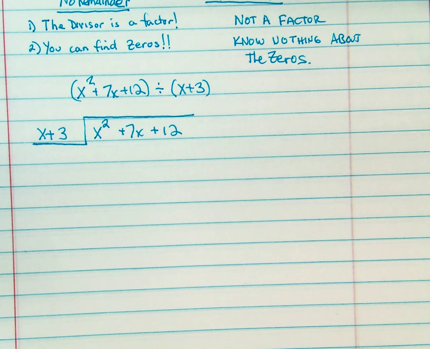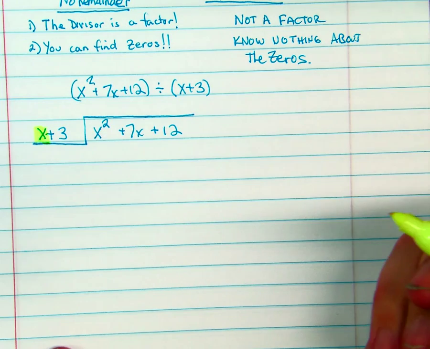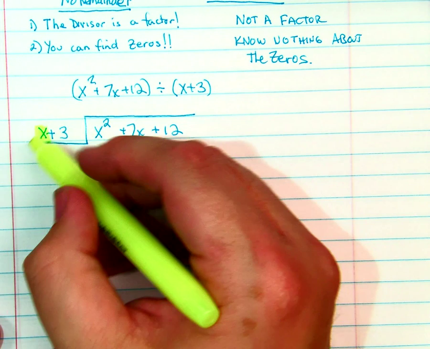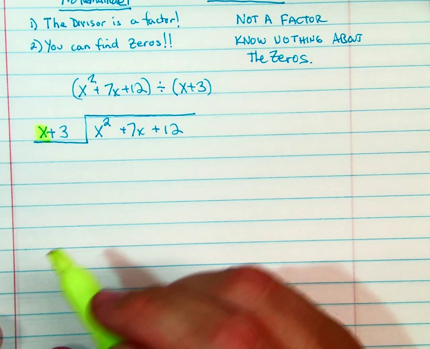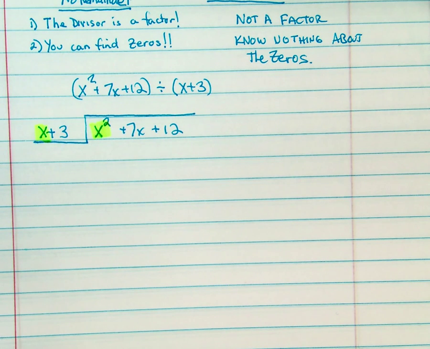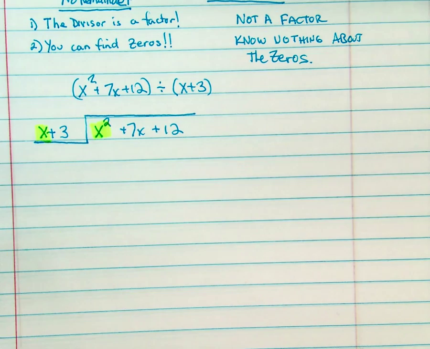We are always going to focus on the x of what we're dividing by, the binomial that we're dividing by. Whatever that first term is, that's what we're dividing by. And then we're going to focus on whatever is leading in the next one, whatever is in front of the next one. So here's what we do.